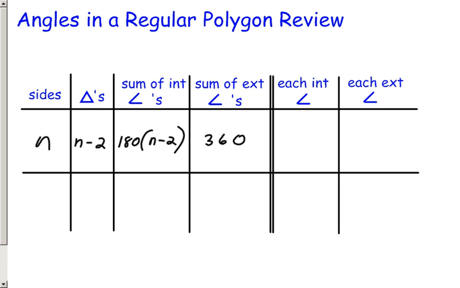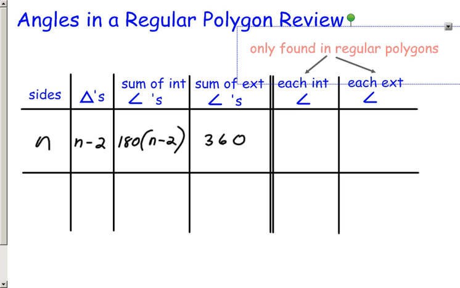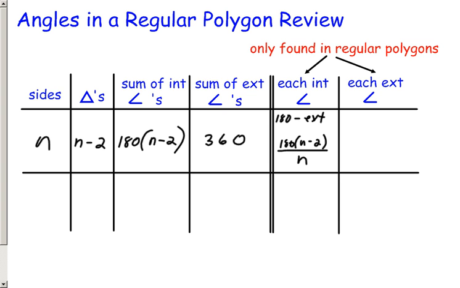Now, if you're talking about a regular polygon, I can find each interior angle one of 2 ways. You could either take 180 minus the exterior if you already know the exterior angle, or you could take 180 times n minus 2 divided by the number of angles, which is n.